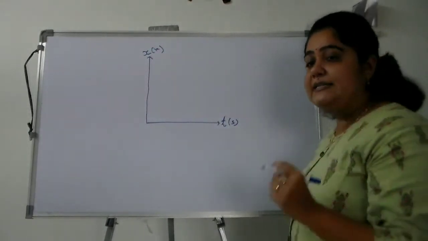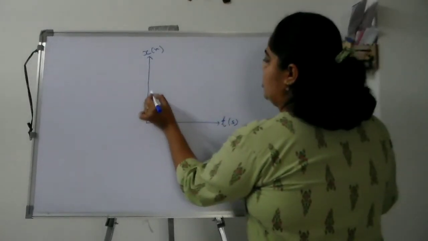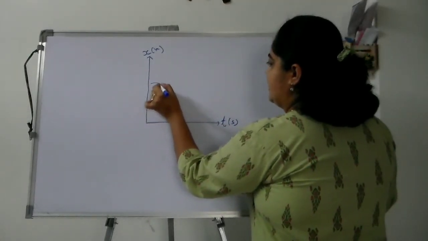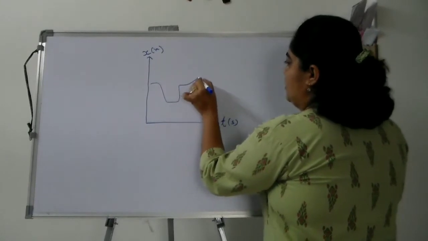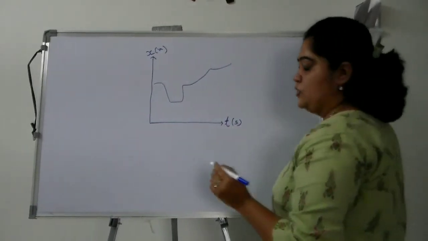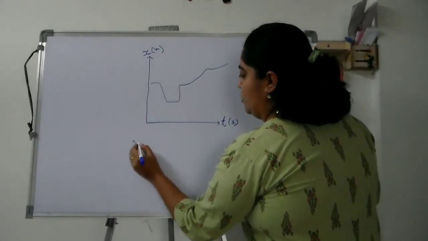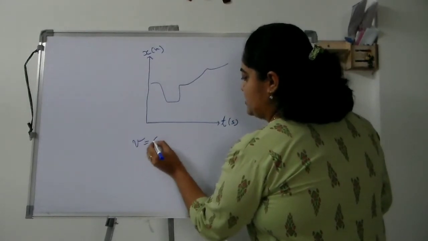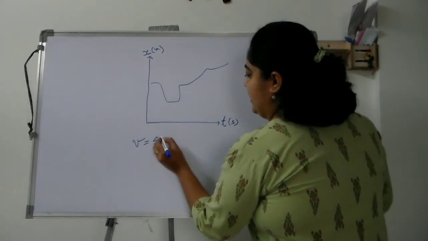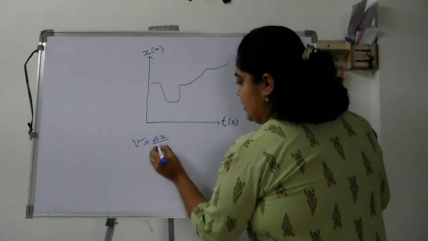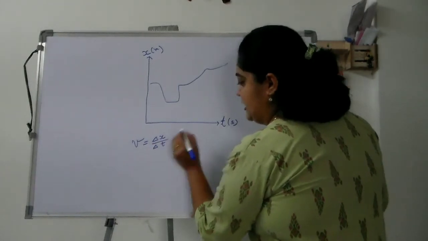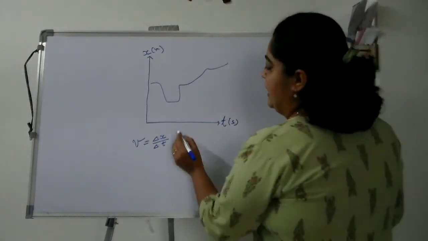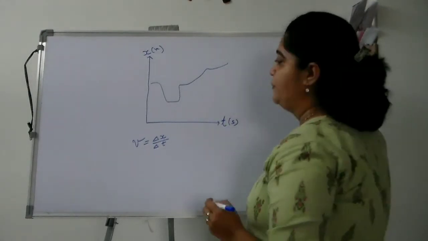In that example we saw that if the distance is varying something like this with time, to find out velocity, we take the rate of change of distance with the change in time, right? That means delta x by delta t.